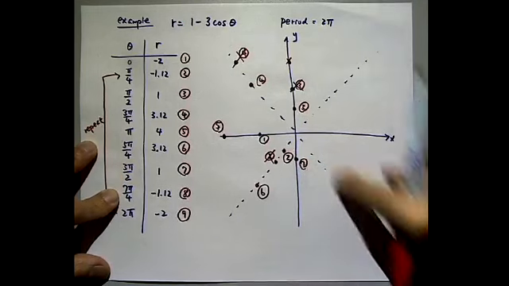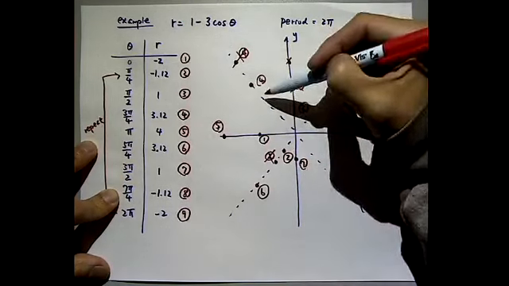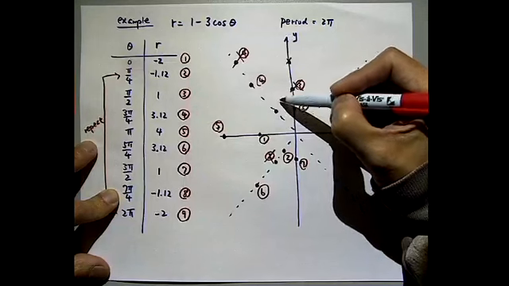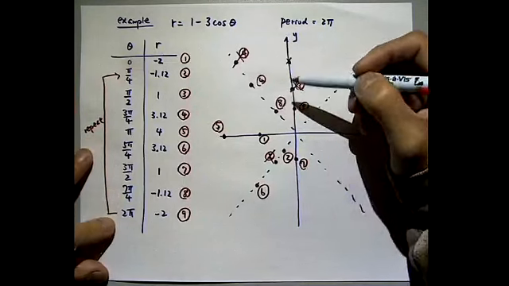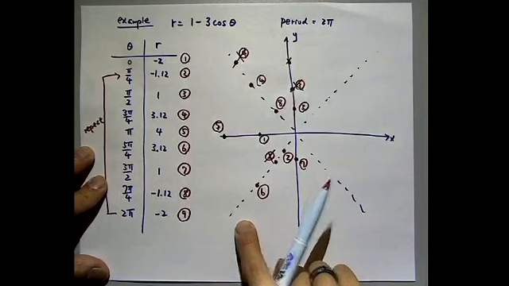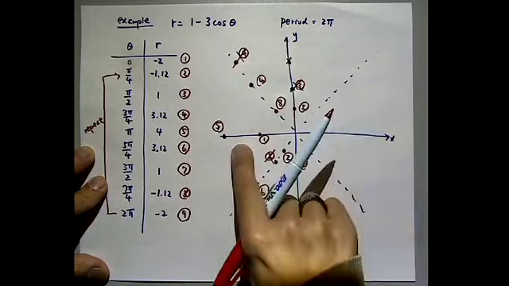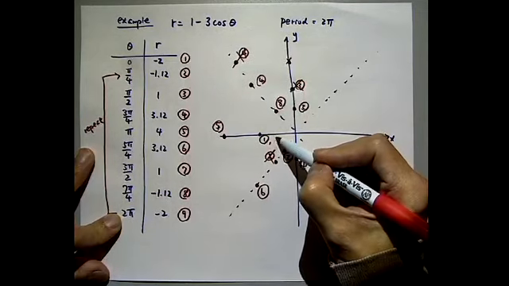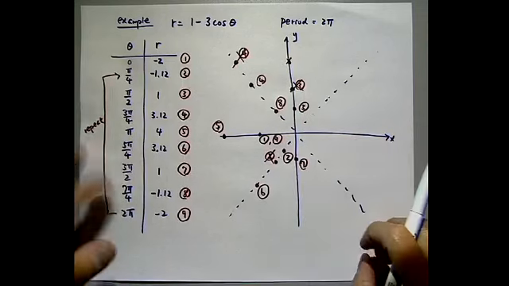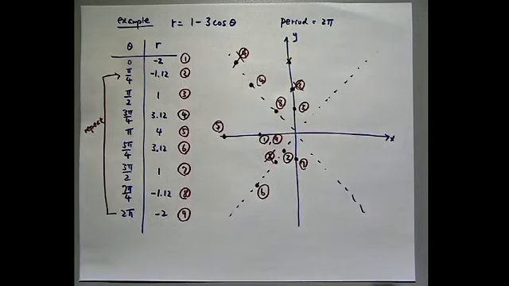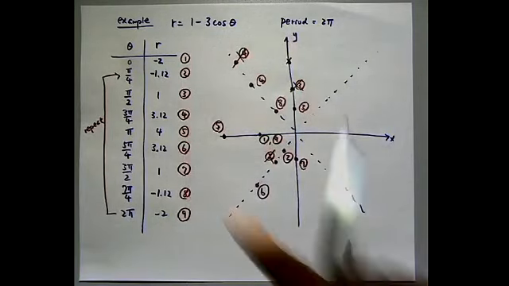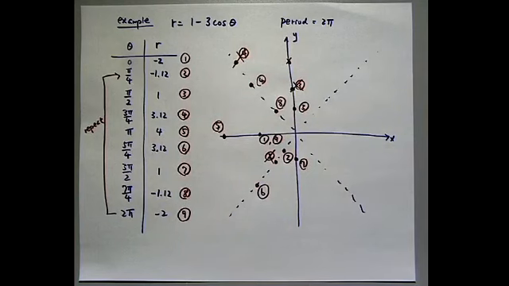Then 7 pi over 4 puts me negative again. 8. And then 9, 2 pi, negative 2. When I send the notes out today, I'll do a better sketch of this. I'll fix this after class.